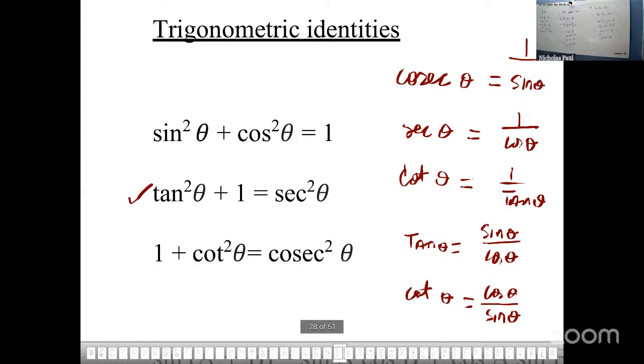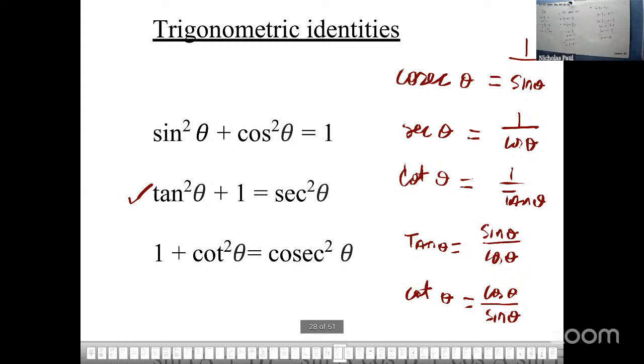How did they get this second identity? Something really easy.